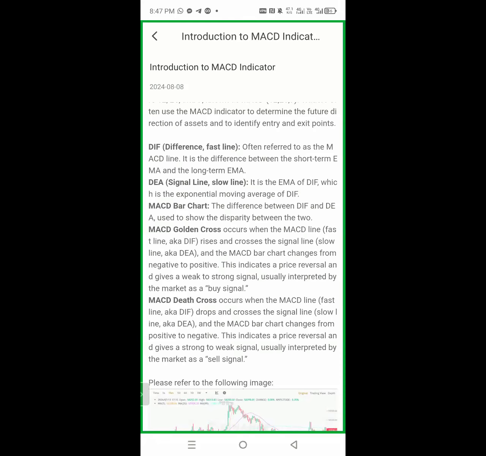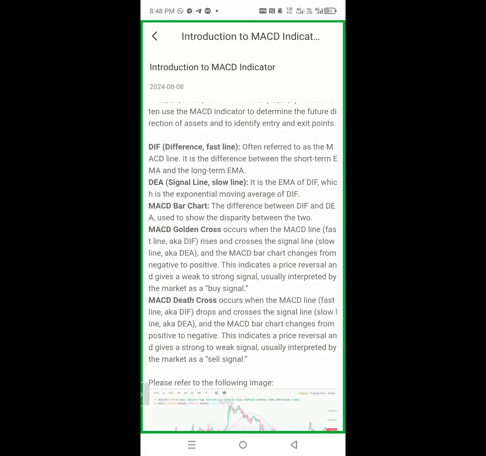It means the yellow MACD line is coming from down, rising, going up, and crosses the signal line, which is the purple line, also called the slow line, aka DEA. And the MACD bar chart changes from negative to positive, that is from down to up.